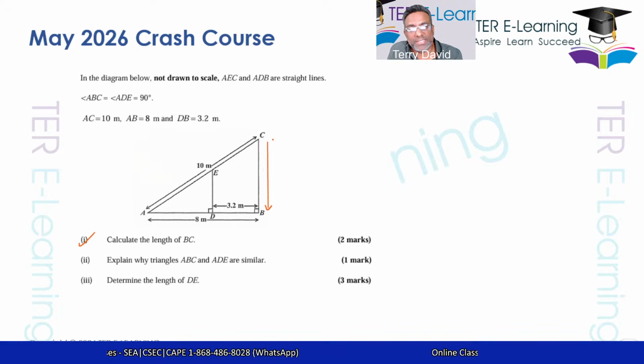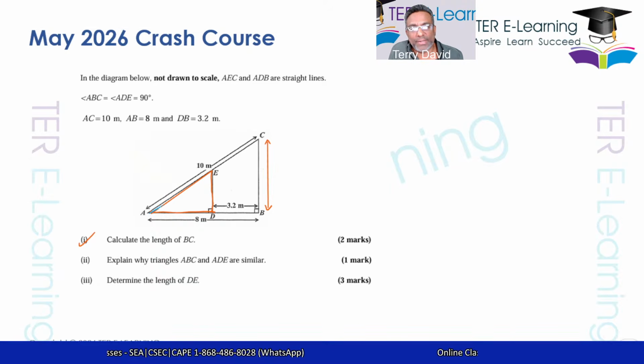This is BC here. Now, when we look at this, technically you have similar triangles. And when I say similar triangles, it's like this. You see this small triangle inside here, right? This triangle inside here is actually similar to the bigger triangle on the outside.